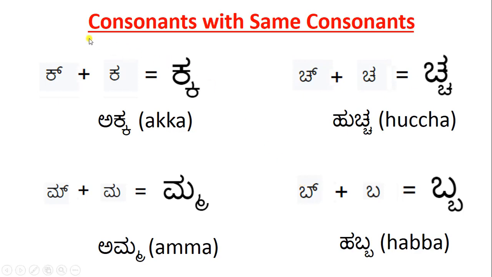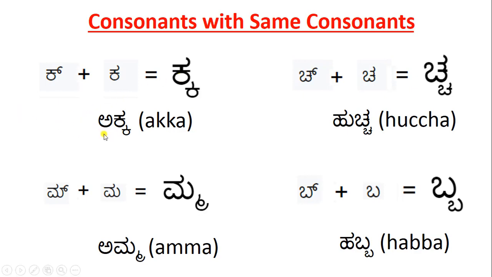So the first case is consonants with the same consonants. Now, if you use the main consonant and the double consonant of the same letter, then it falls under this category. For example, if you add k to k, it would be kka.